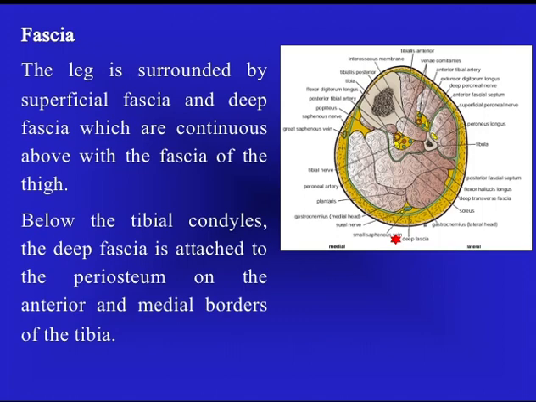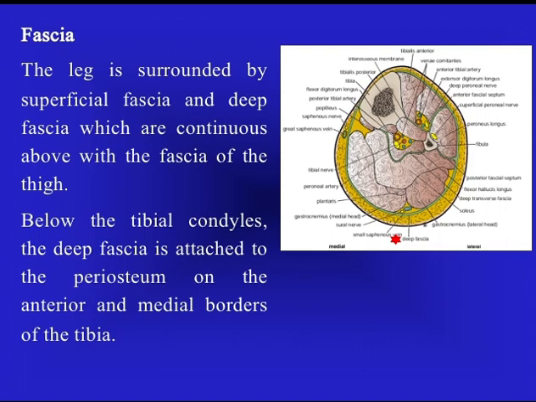Regarding the fascial compartment of the leg, it is surrounded by superficial fascia and deep fascia, which are continuous above with the fascia of the thigh. Below the tibial condyles, the deep fascia is attached to the periosteum on the anterior and medial border of the tibia.